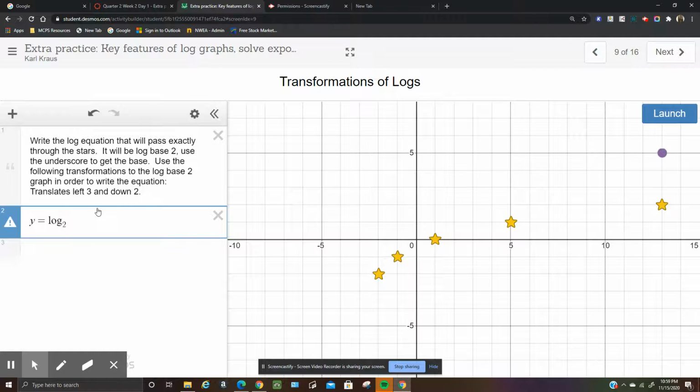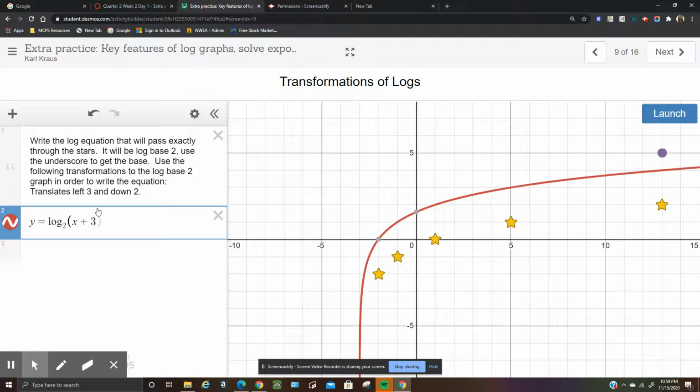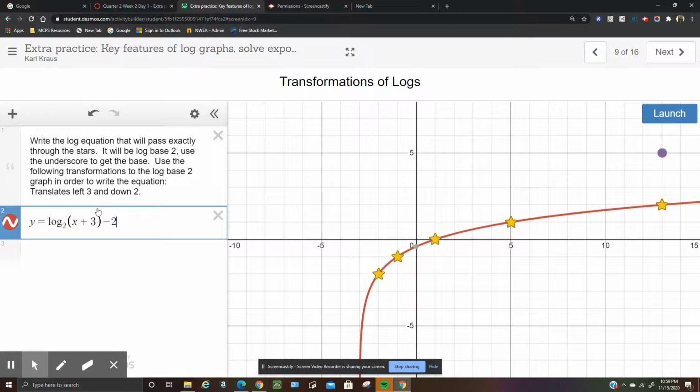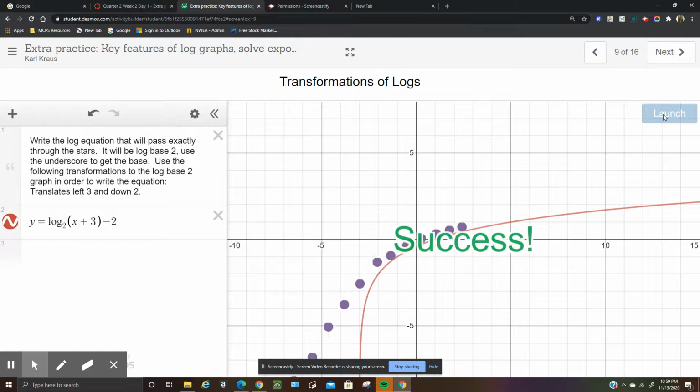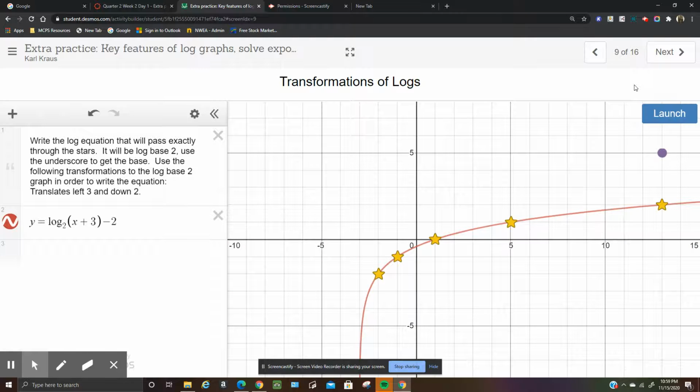So log base 2 and then hit the right cursor key. Left 3 would be x plus 3. So negative 3 is the asymptote there. And then down 2, it will be log base 2 of parentheses x plus 3, minus 2. That connects together all the dots. And if you launch the marbles, it collects all the stars.